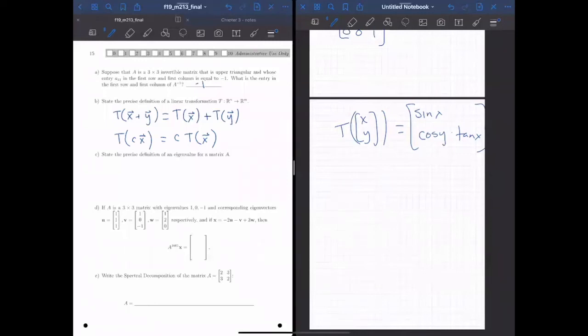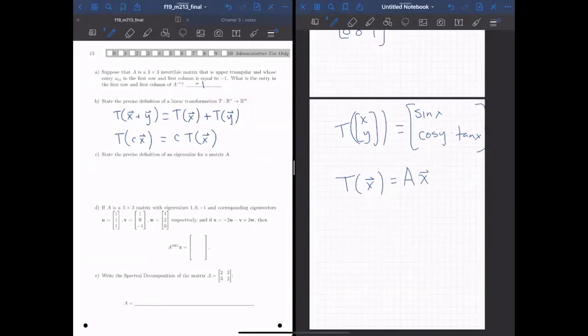So linear transformations are special forms of transformations that satisfy these two properties. The nice thing about linear transformations is that if I define some linear transformation using some formula, there's always going to be a matrix A that gives you that linear transformation.